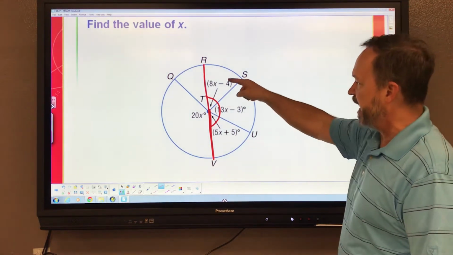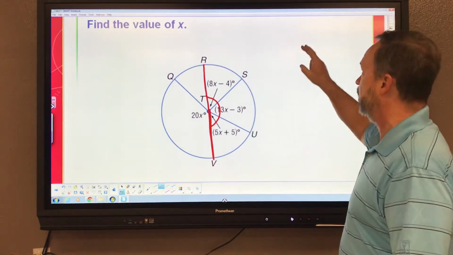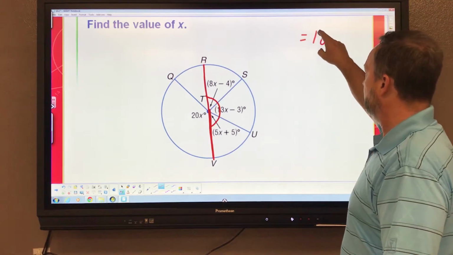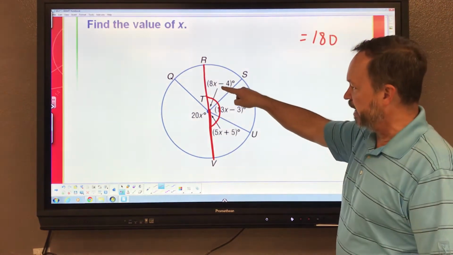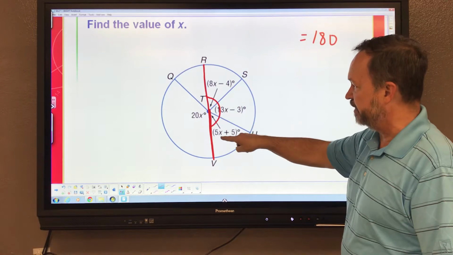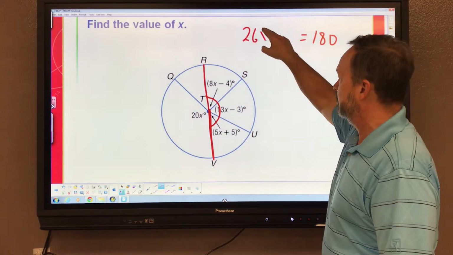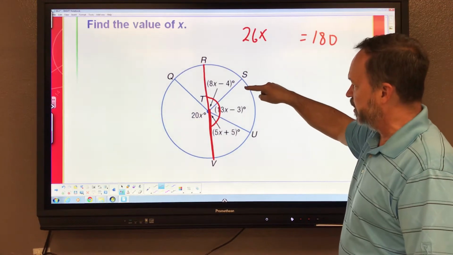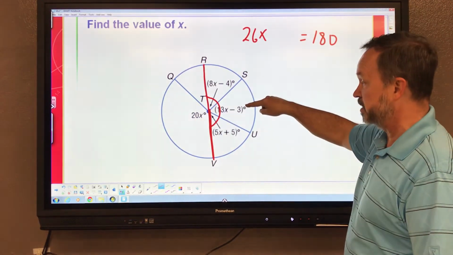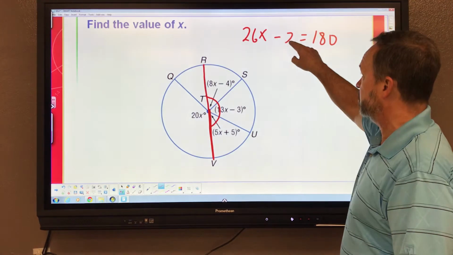Now I can say that that plus that plus that equal 180. So I'm going to go 8x and 13x and 5x makes 26x, I believe. And then a minus 4, a minus 3 is minus 7, plus 5 makes a minus 2.